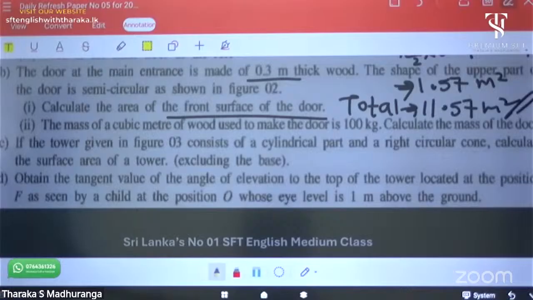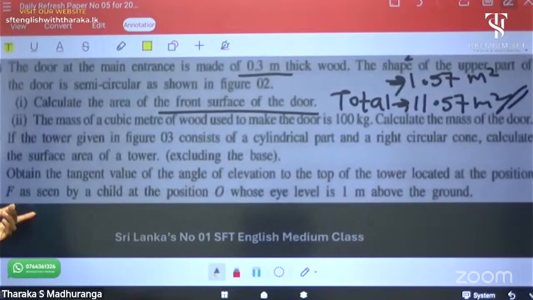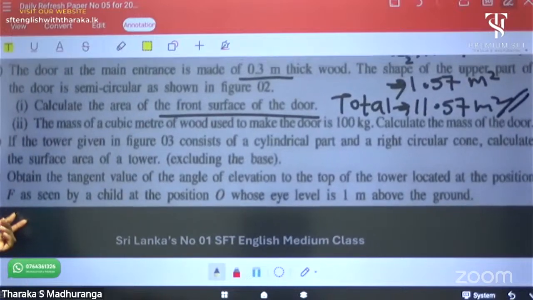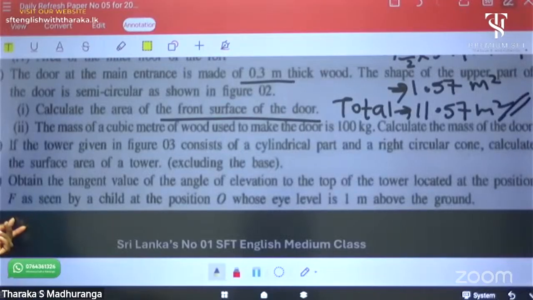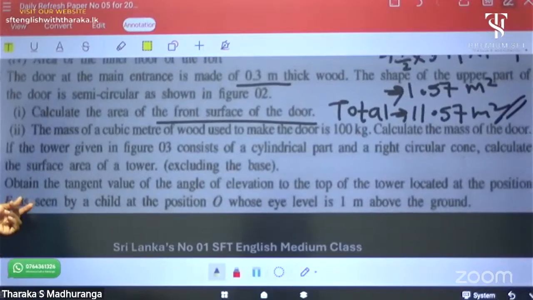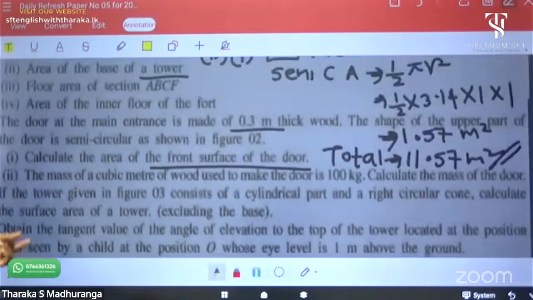Position F as seen by a child at the position O, whose eye level is 1 meter above the ground.